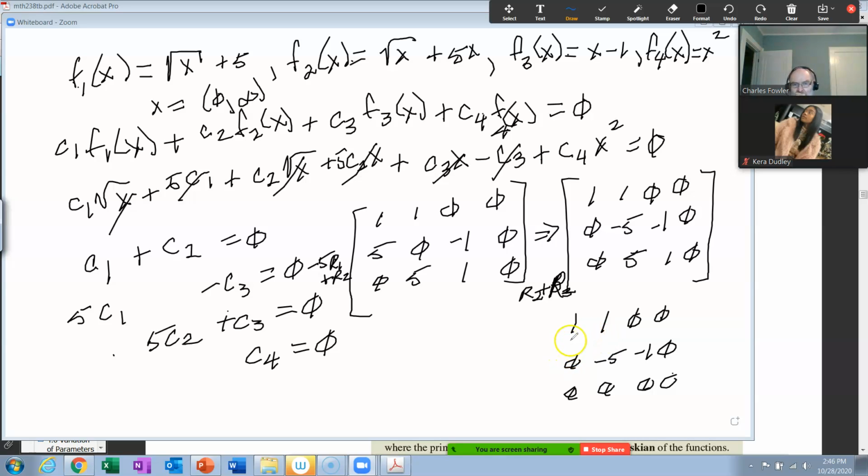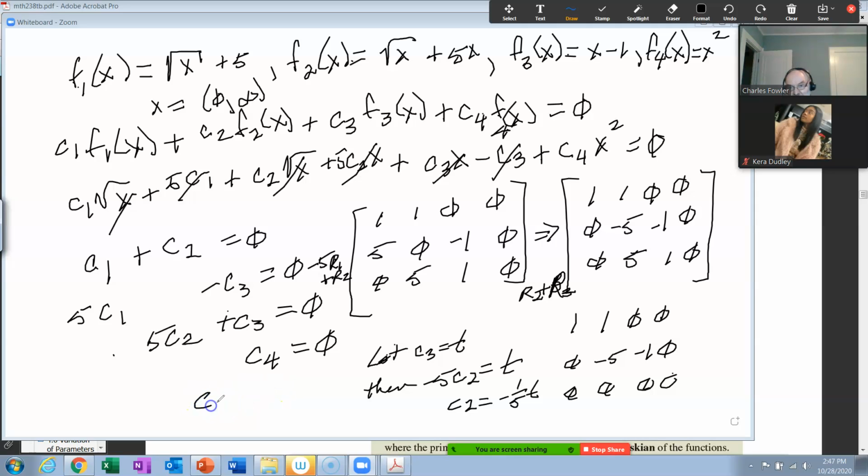So what do we have here? This is your arbitrary parameter here. So let C3 equal t. Then this gives you minus 5 C2 is equal to t. So C2 is equal to minus 1/5 t.